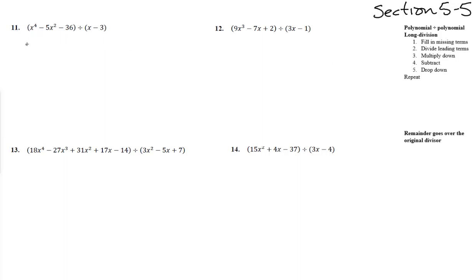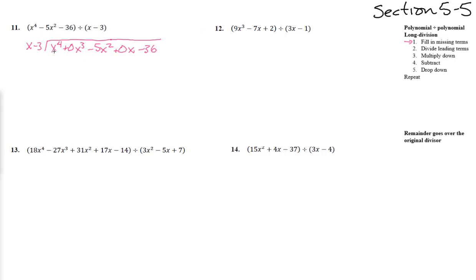Here we have x minus 3 goes into x to the fourth plus 0x cubed minus 5x squared plus 0x minus 36. Notice step number 1, fill in the missing terms, and this one has several of them. Now we can divide leading terms.